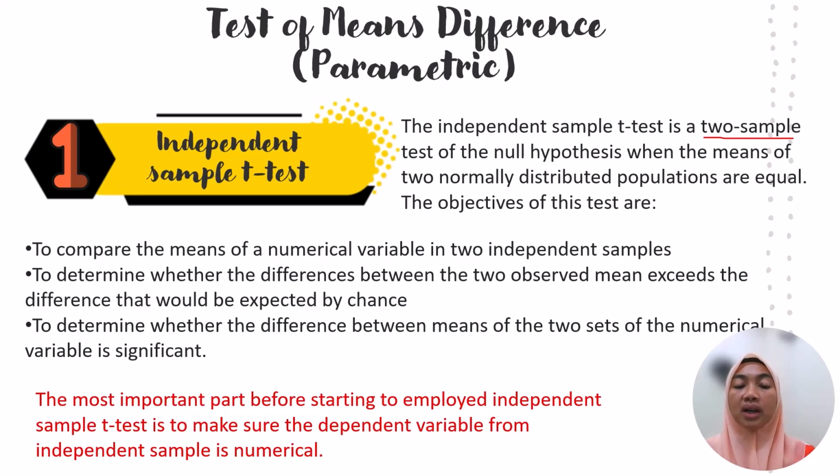And the last one is to determine whether the difference between means of the two sets of numerical variable is significant. The most important thing you need to know before employing the independent sample t-test is to make sure the dependent variable from the independent samples is numerical.